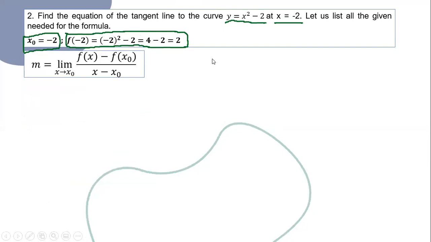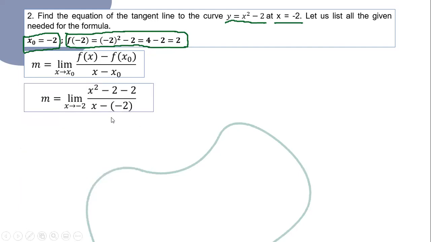Okay, so we'll now be finding the slope of the tangent line. So the limit of f of x minus f of x sub 0 all over x minus x sub 0 as x approaches x sub 0. So we just substitute these variables. Okay?